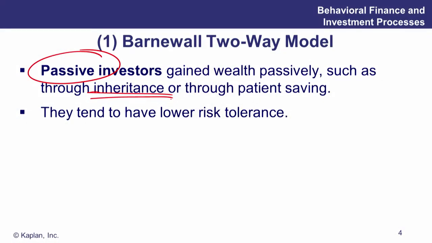So they tend to have lower risk tolerance, these investors. They've built their wealth up not through putting it at risk of losing it, but patiently over time, or passively through receiving it in inheritance. They haven't actually taken risks to get there. So keep an eye out for that.